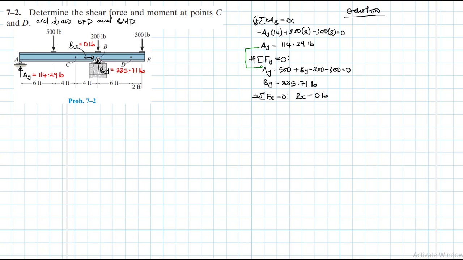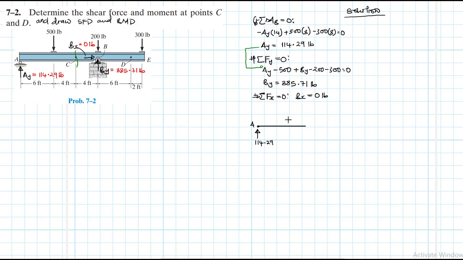So let's start at C. If we made a section, let's draw the section. We're going to use the left hand side of the section, the one that looks easy. We always go with the section which can easily be worked out in the shortest period of time. So we have 114.29.